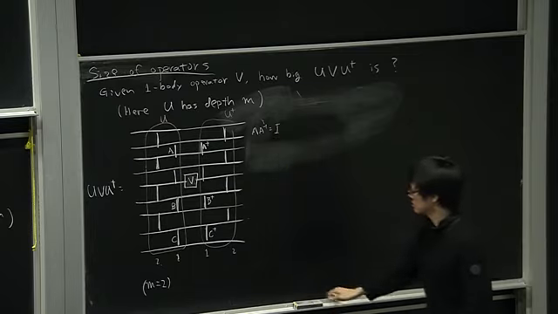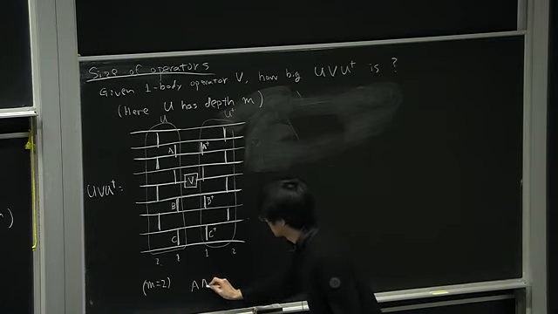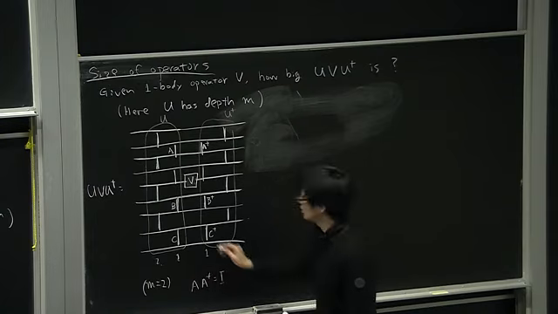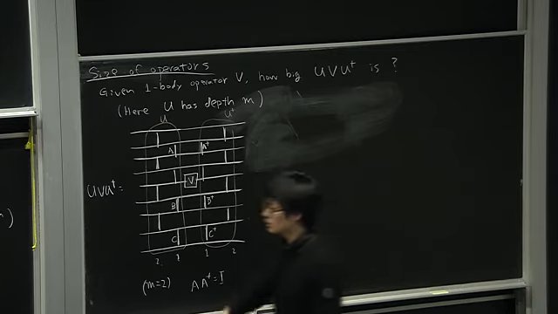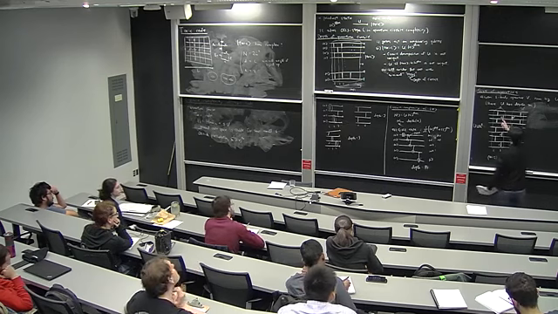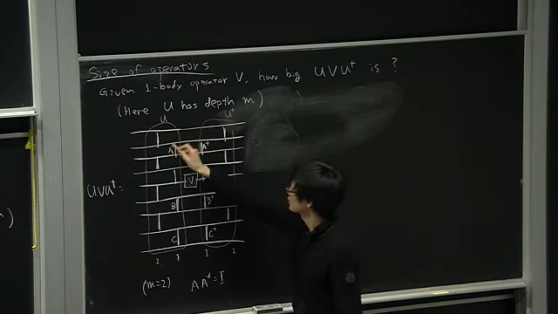So if you look at this whole diagram, then actually there is no point of doing this A and A dagger, because I apply A and then I cancel it. So there is no meaning of doing this.